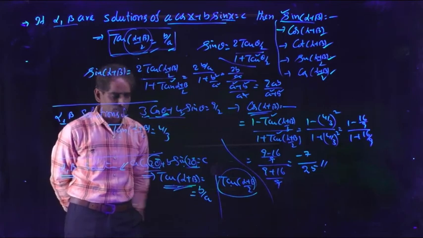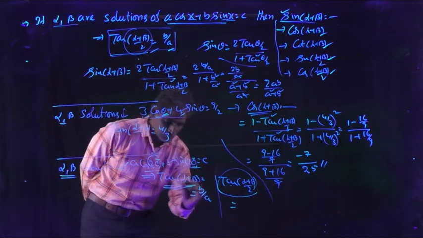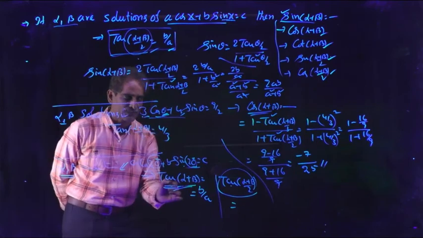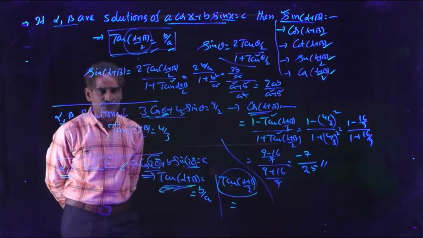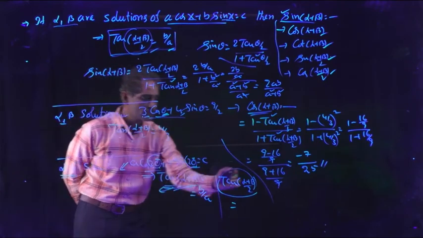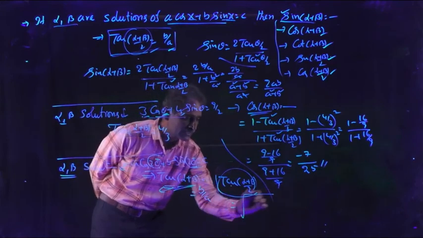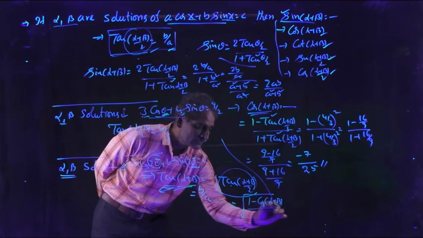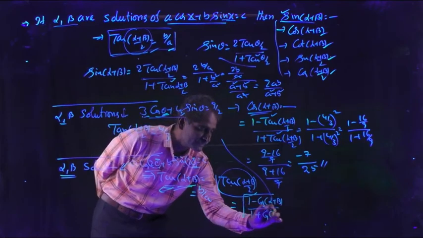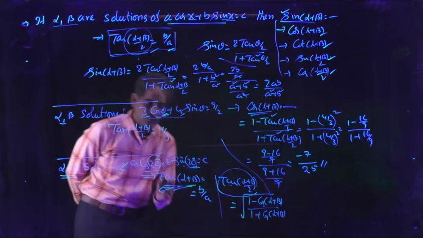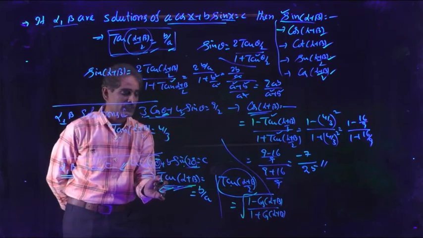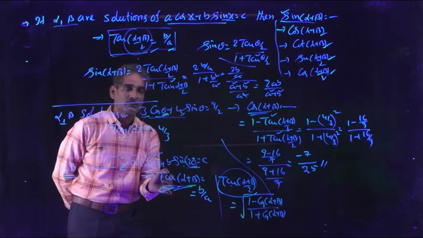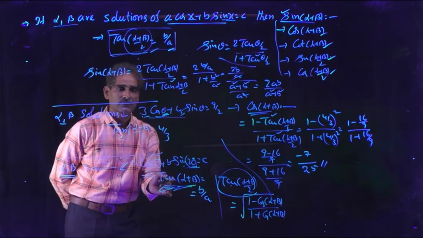Is there any formula? Here we can write, we have a formula for tan of alpha plus beta. From this we can find sin of alpha plus beta and cos of alpha plus beta. So tan of alpha plus beta by 2 is nothing but 1 minus cos of alpha plus beta by 1 plus cos of alpha plus beta. So now we find sin of alpha plus beta and cos of alpha plus beta from this value.